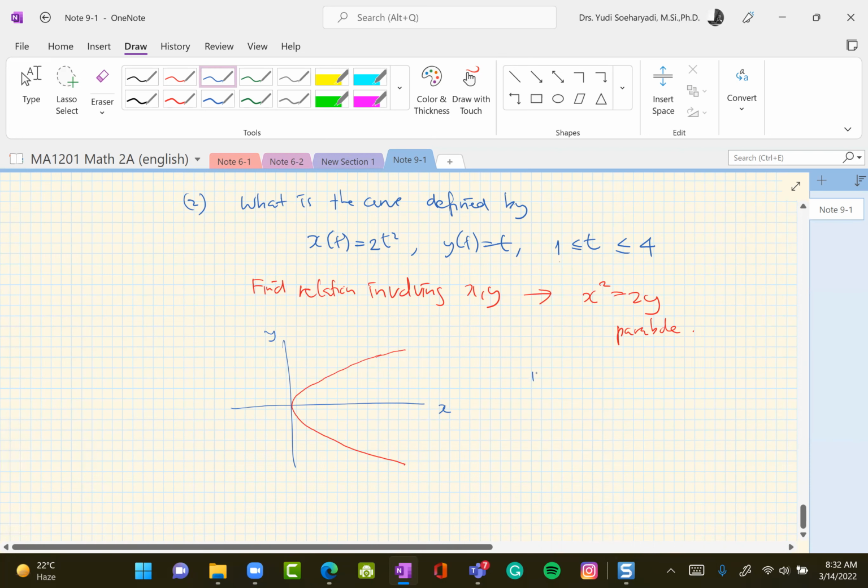For the initial point, t equals 1, you just plug 1 in here. So you get the point 1, 1, and at t equals 2, the point is 4, 2.